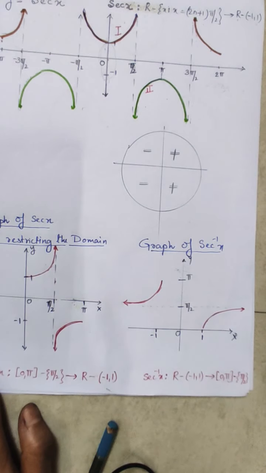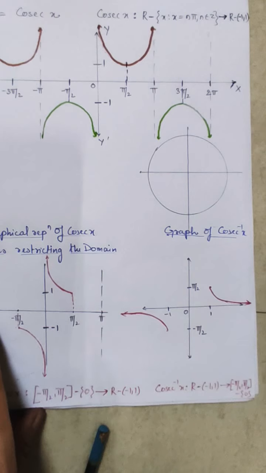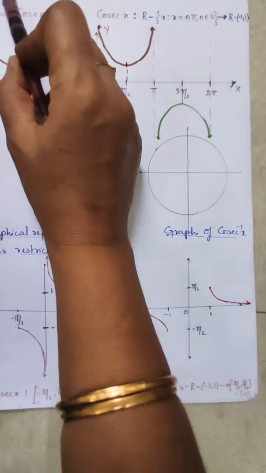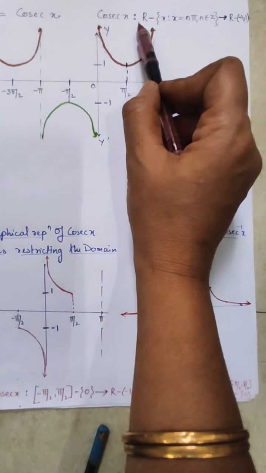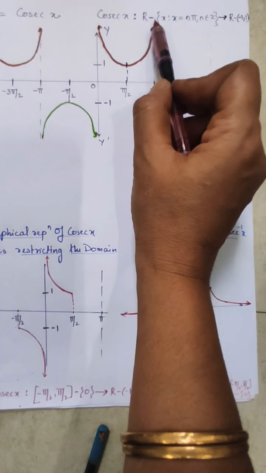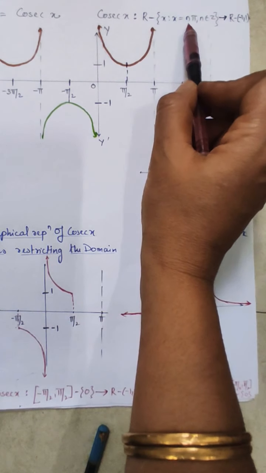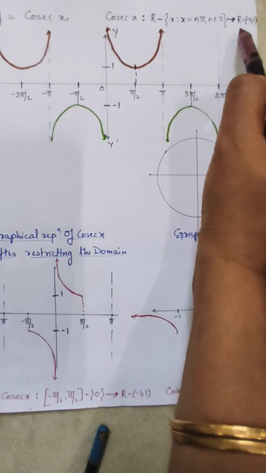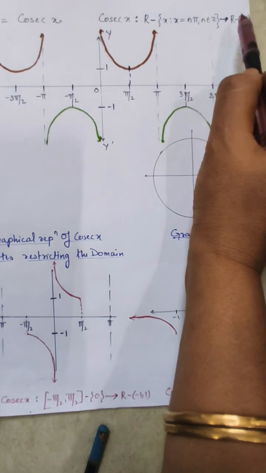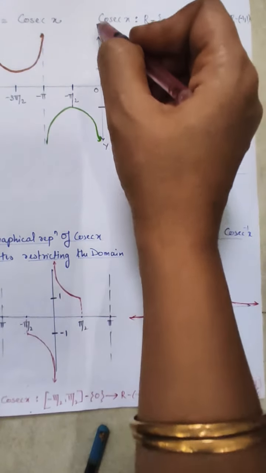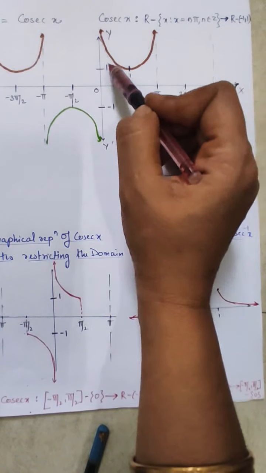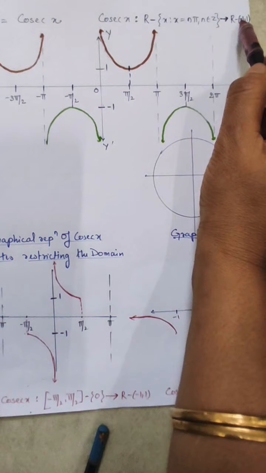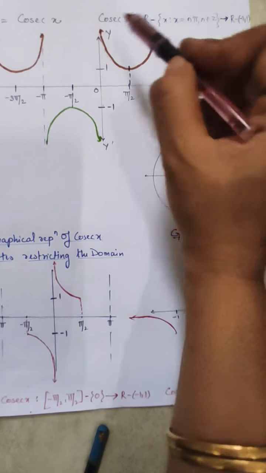The next one is cosec x. Y equals cosec x. Cosec x maps from all real numbers minus multiples of 180 degrees, and the range is all real numbers of the y-axis except the region minus 1 to 1, so removing the open interval minus 1 to 1 from the set of real numbers.